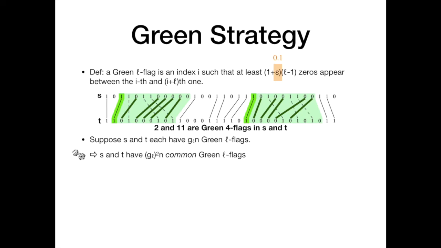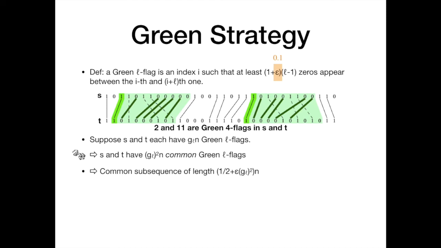So the sets of green L flags would have at least G squared n common elements. This is hand waving, but you can formalize it with a random shifting argument, which we'll sweep under the rug. So for now, let's just pretend that this means S and T have G squared n common green L flags, just like these two strings have 2 and 11 as common green 4 flags.